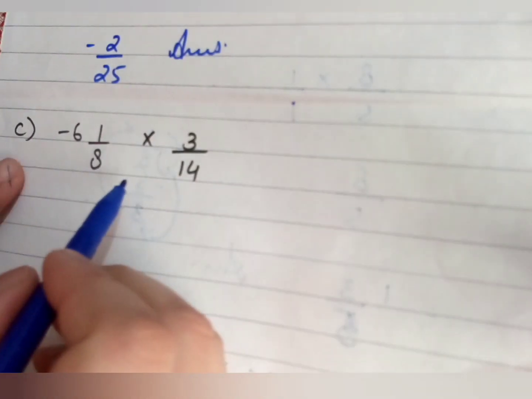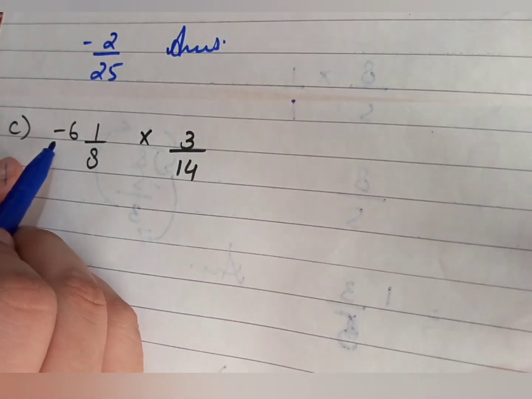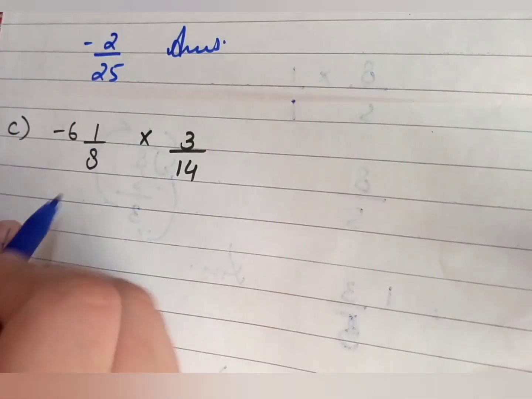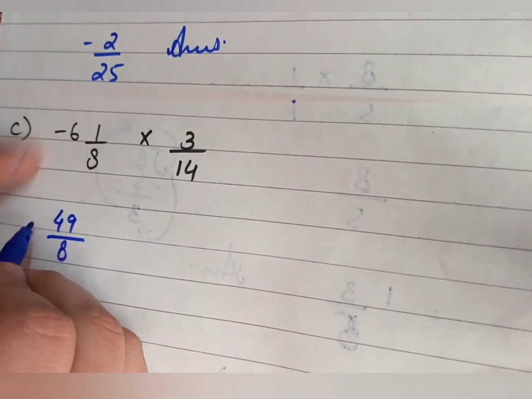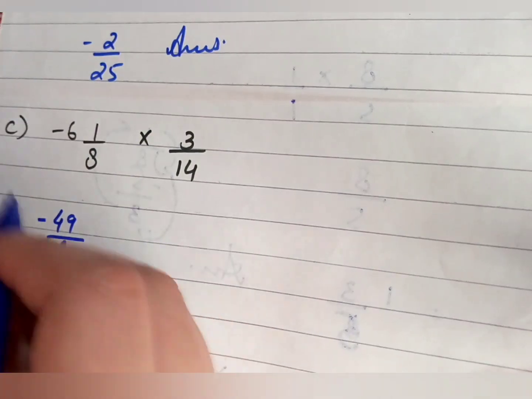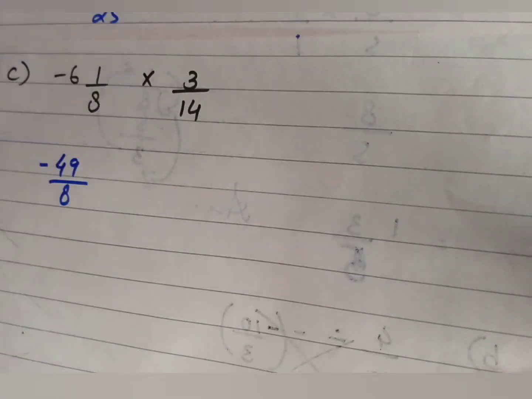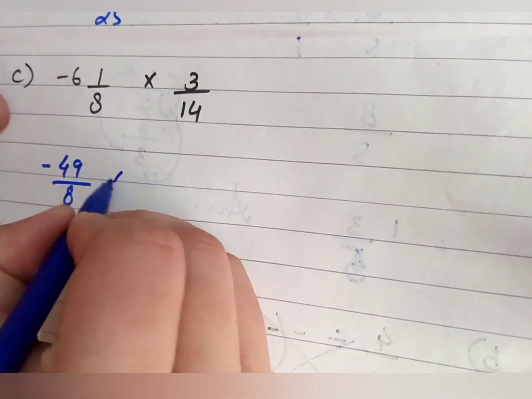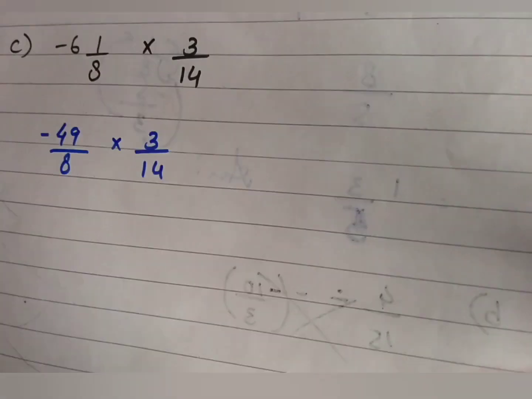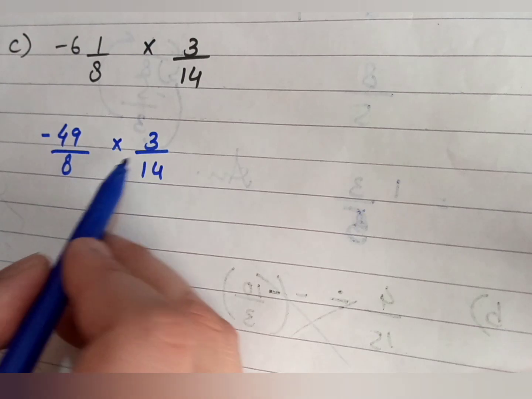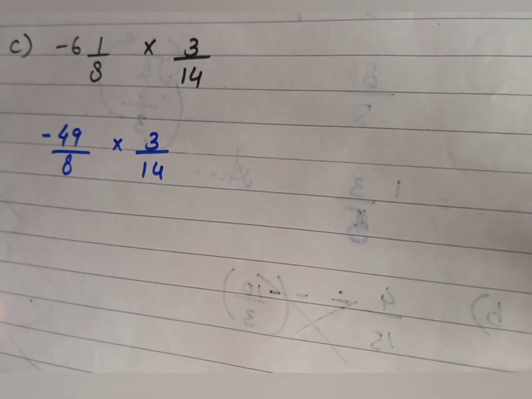Now in part C, multiply 8 with 6. 8 6s are 48 plus 1, 49 by 8, and put the minus sign as well. Now write the next term as it is. As it is a multiplication sign, you have to do the cross cutting, and cross cutting is possible.